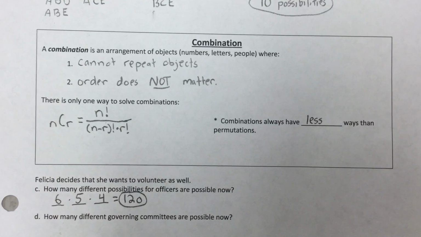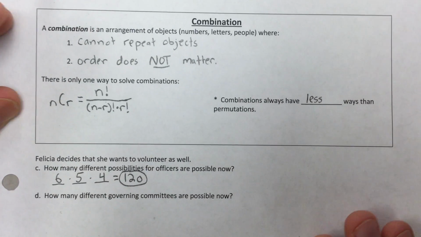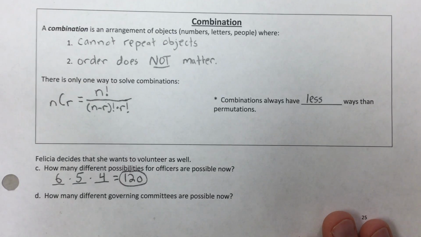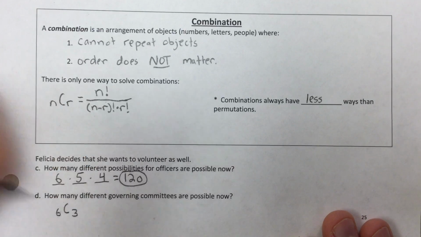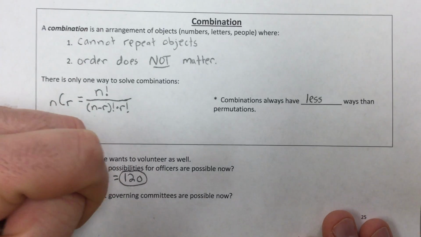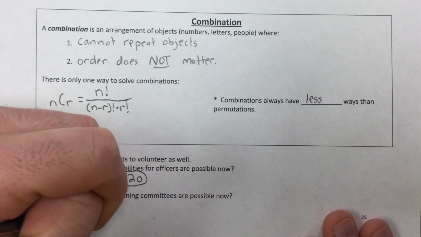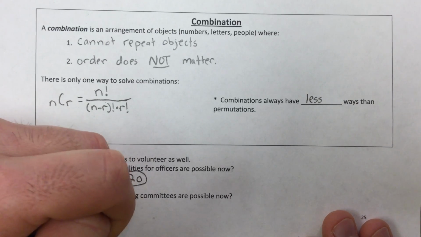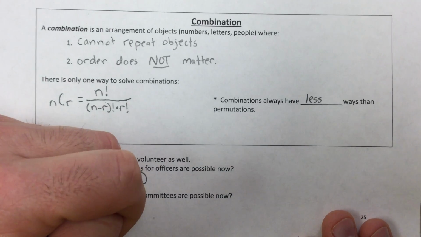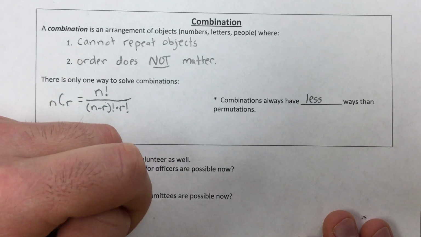If we now look at it, Felicia in the mix for the governing committees, now we're going to do, again, a combination. So now it would be 6C3, because we're still choosing 3, which is going to be 6 factorial divided by 6 minus 3 factorial times 3 factorial.